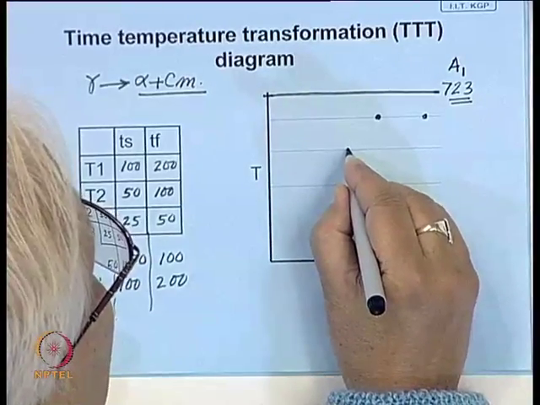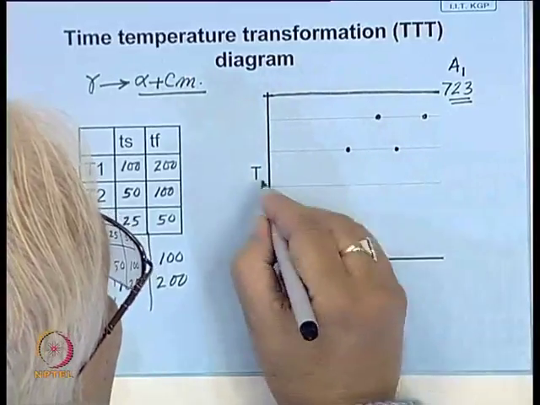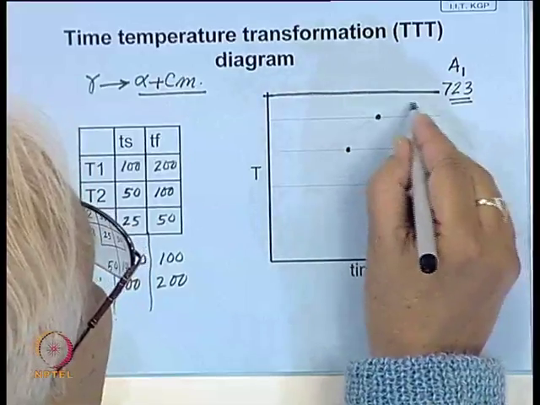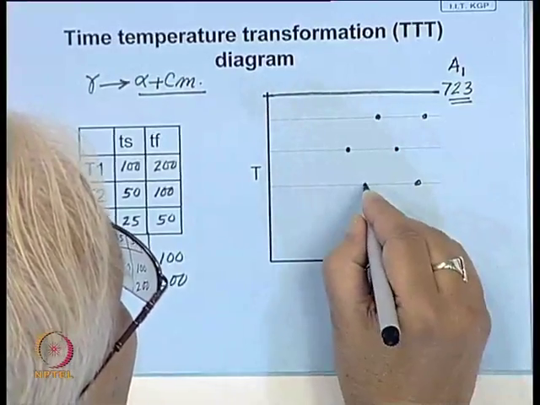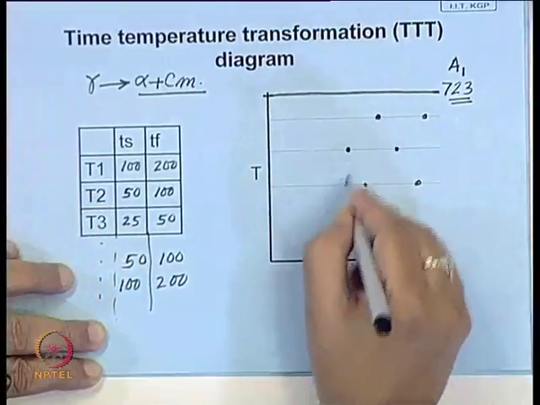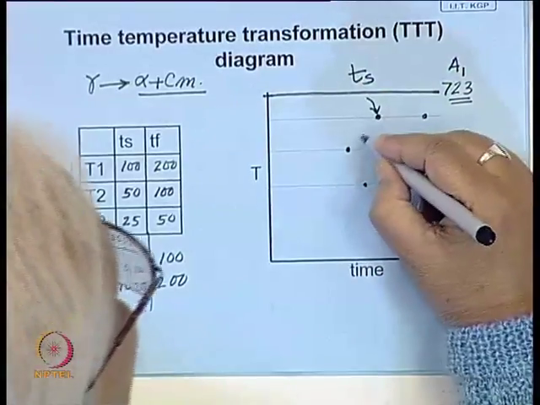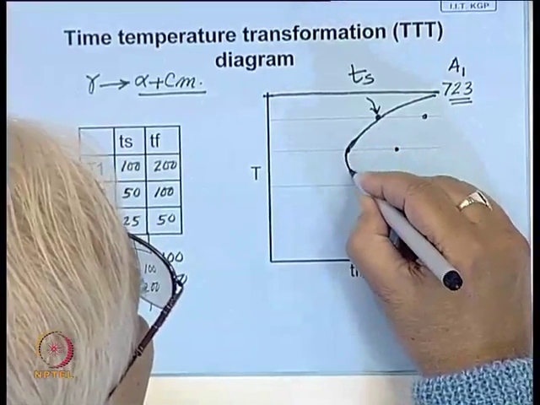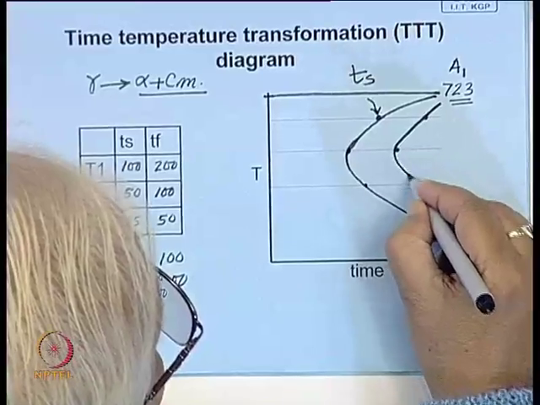Similarly, here this is the start, this is the finish point. Similarly, at another temperature we have seen that once it starts decreasing, then again it starts increasing. So, this is the way it goes. And if you join all these start points, you get a line like this, and you will also get another line by joining the finish points.